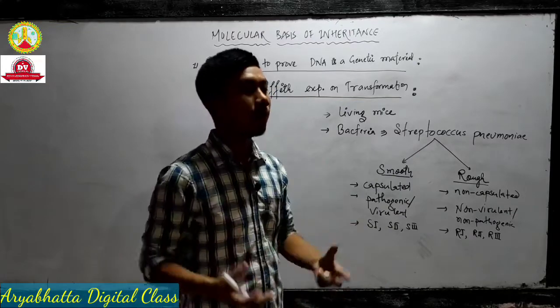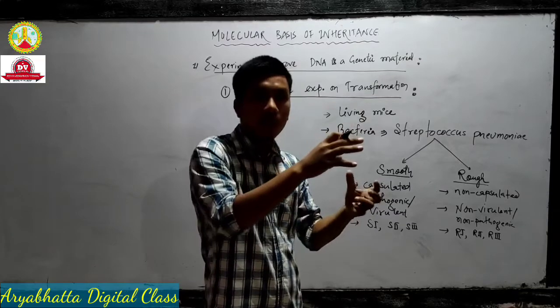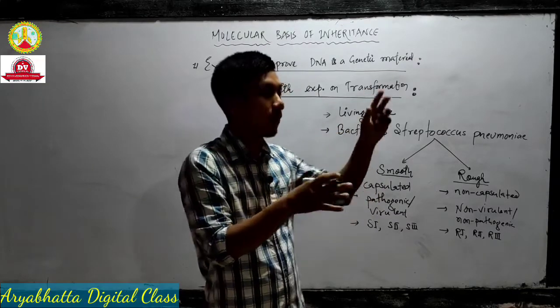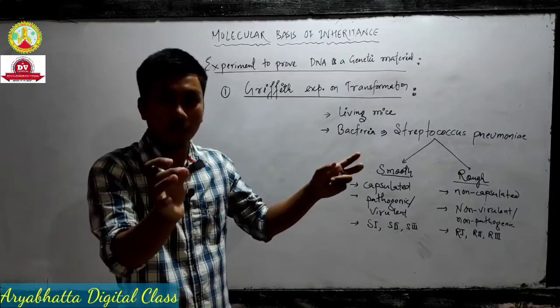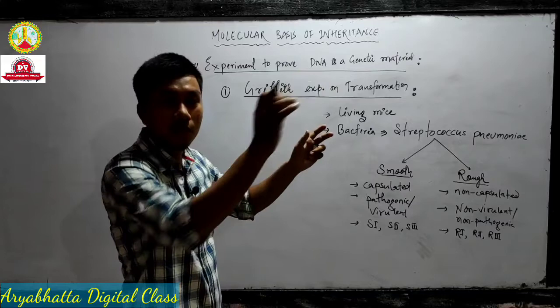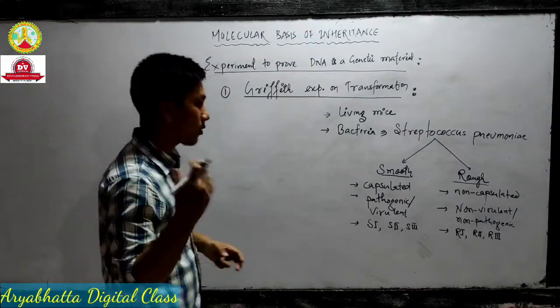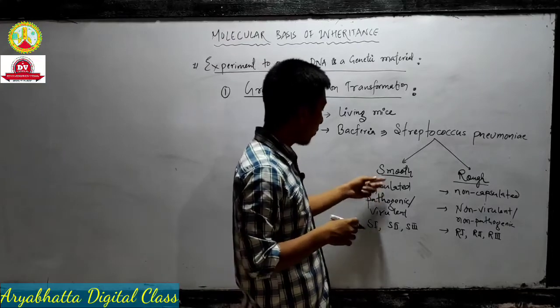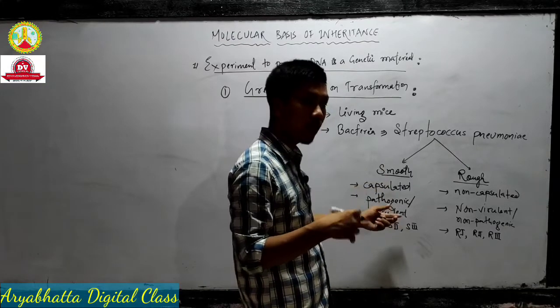Whenever we put some bacteria in a petri dish or in a test tube, we give them a name. Suppose we have 10 test tubes, we name them strain 1, strain 2, strain 3, strain 4 according to our concern. So for the smooth one, he gave the names S1, S2, S3, S4.